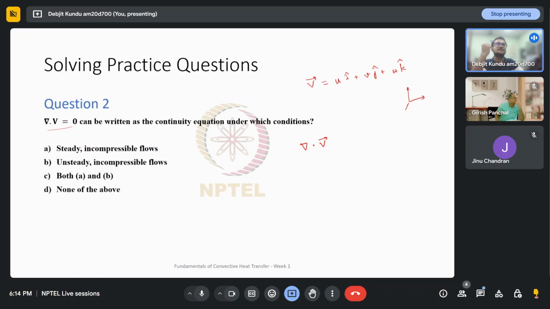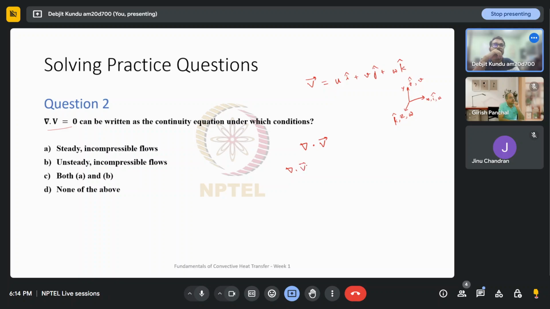If this is our coordinate system, then we have x, y, and z, and i cap, j cap, k cap are in these directions respectively, and u, v, and w are the components along those directions. So this is what V is, and what is divergence of V?